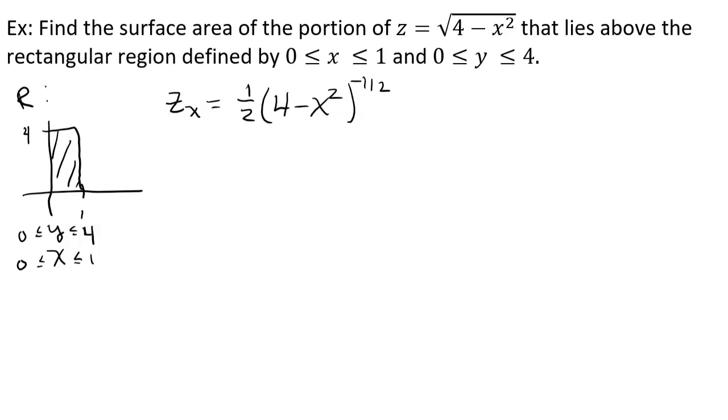And then chain rule, we need to multiply by the derivative of the inside, which the 4 with respect to x goes to 0, and then the negative x squared will go to negative 2x.